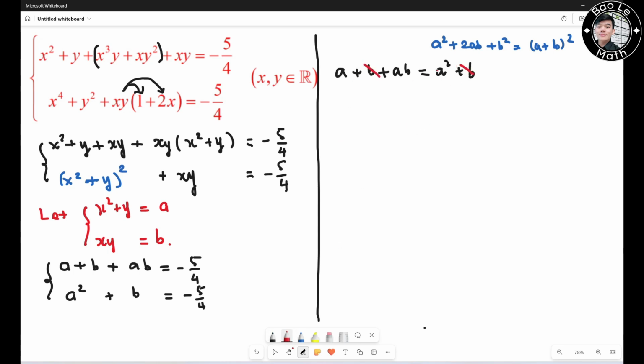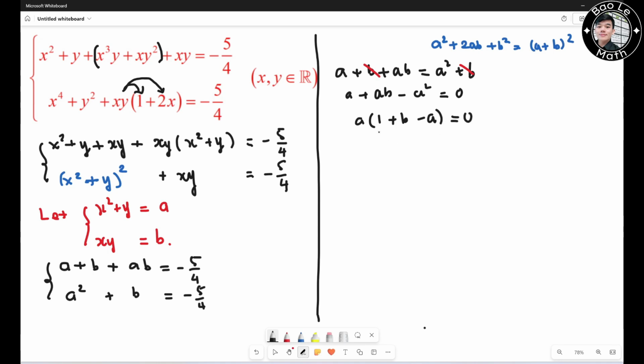Alright, so we just bring a squared to the left, so it turns out to be a plus ab minus a squared equals 0. We factor a out, so it could be a times 1 plus b minus a equals 0.